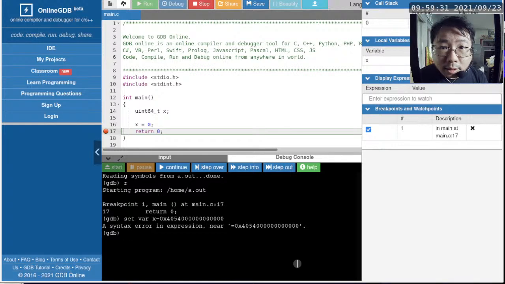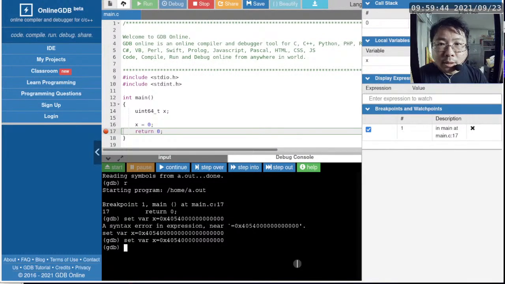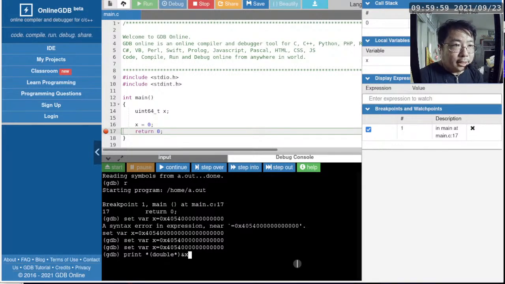A syntax error in the expression. Okay, so there we go. We have set the variable to that. So let me just repeat the exact command that we had before. This is ampersand x. This is the expression that printed 80.